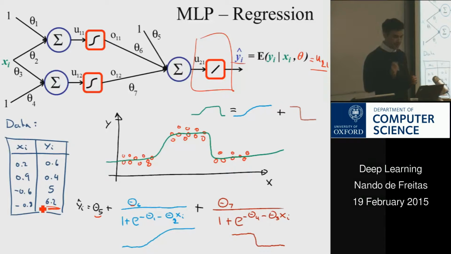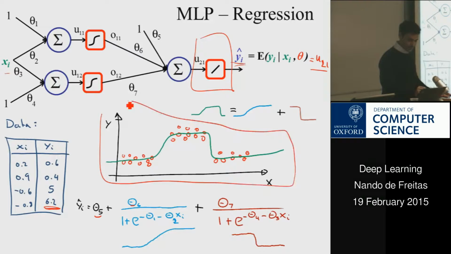Now, regression is easy to analyze. So imagine we have this network where we have one input and one output. Since we have only one input and one output, we can actually plot it, like I've done here. Because it's 1D, one input, one output. And the data are the red circles, and what we're trying to do is fit that green curve.